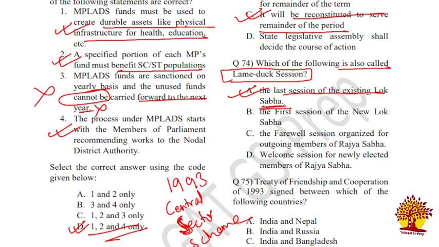After that, new Lok Sabha election will be conducted and new members will be elected. Those members of existing Lok Sabha who could not get re-elected into MP seats and do not enter Lok Sabha are called as lame ducks, okay, lame ducks.